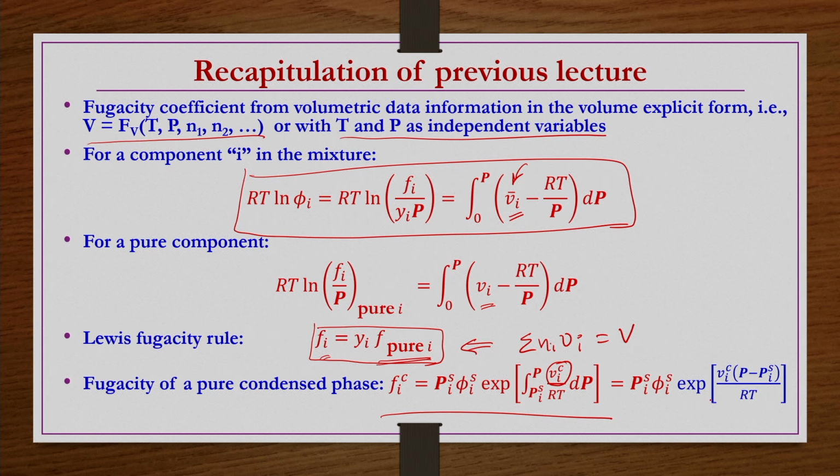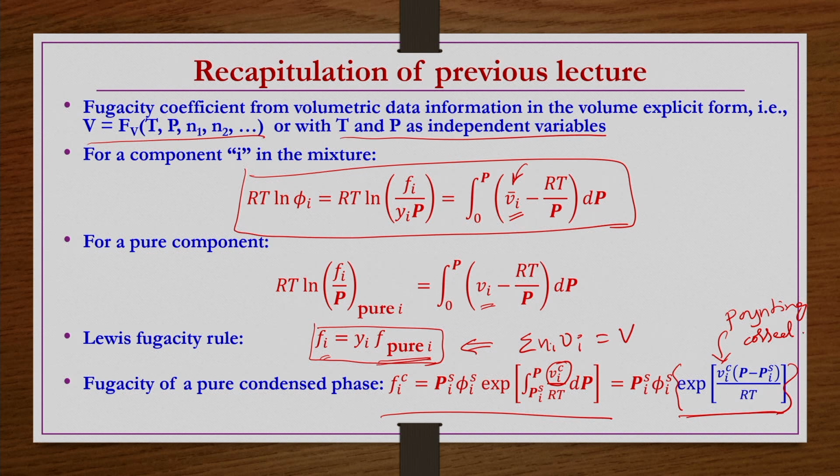Then we can simply integrate this, taking Vic as independent of pressure, and we have the exponential correction, exponential of Vic (P minus Pis) by RT. This particular term we call the Poynting correction.